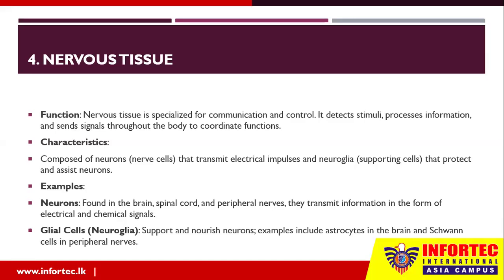These nerve cells cannot divide, right? They are found in our brain, spinal cord, and peripheral nerves. They transmit information in the form of electrical and chemical signals, right?